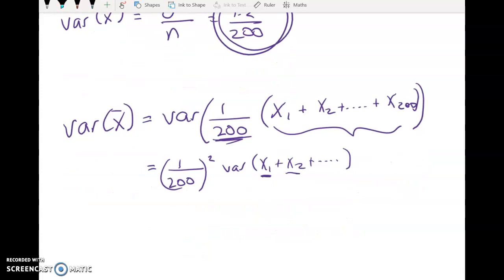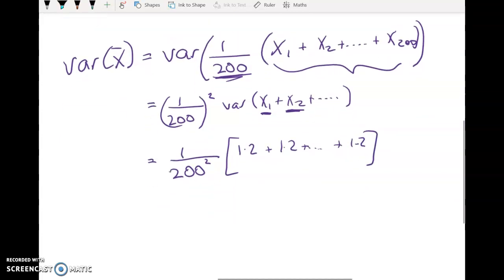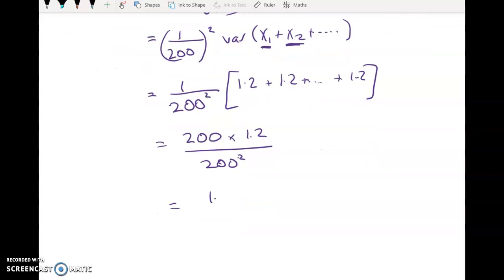But we know that when we've got the sum of random variables, as long as they're independent, we just sum their variances. So in here, we get 1 over 200 squared times the variance of x1, which is 1.2, x2, 1.2, and so on. And we've got 200 of those 1.2s. So it's 200 times 1.2 over 200 squared, which is 1.2 over 200.